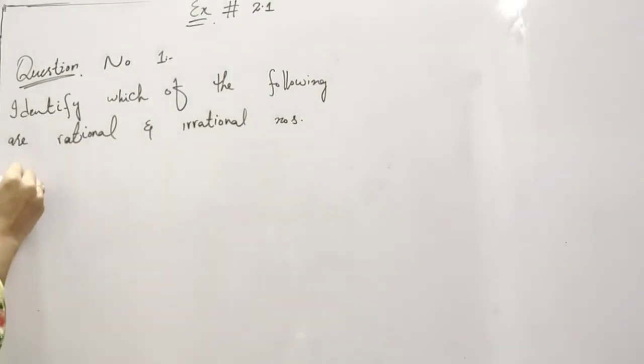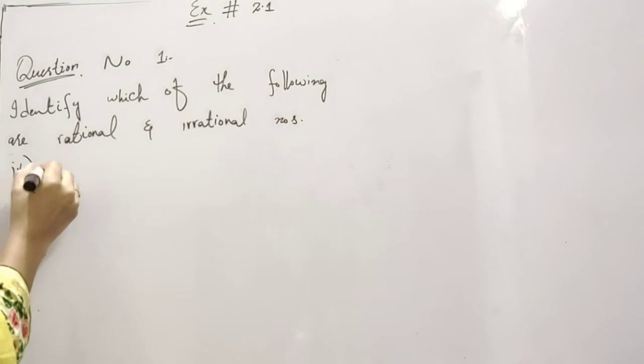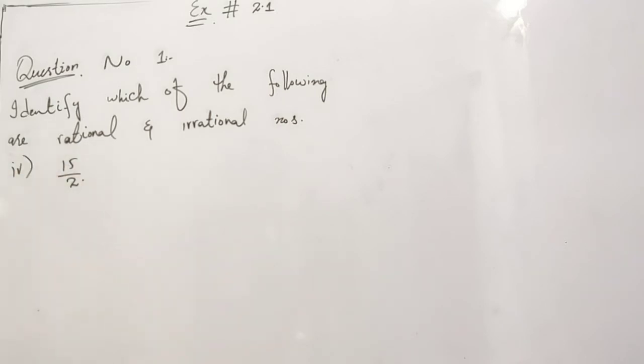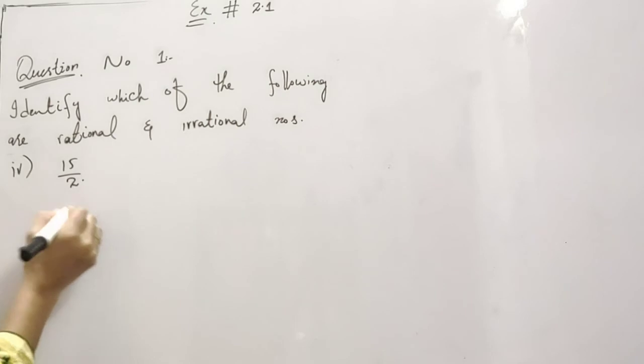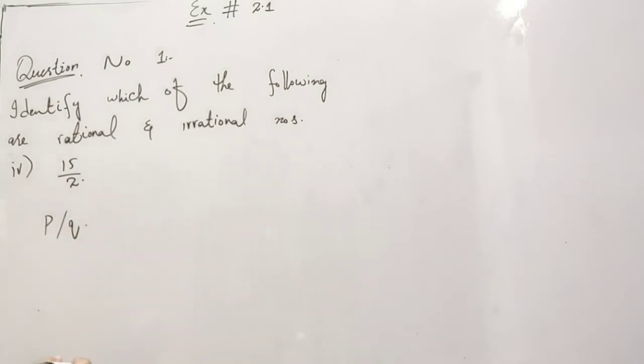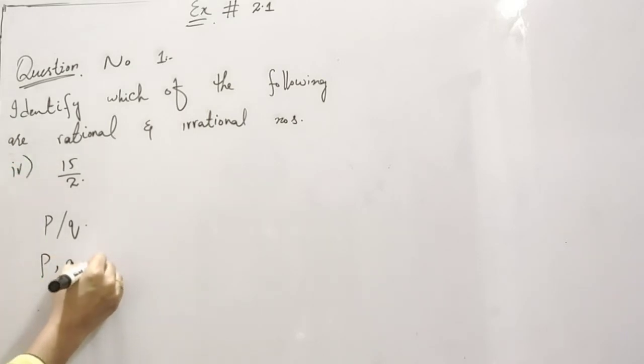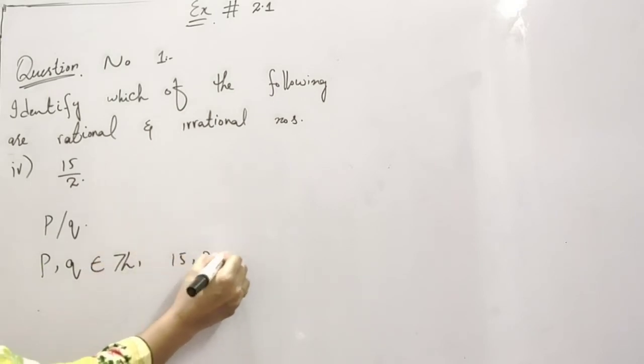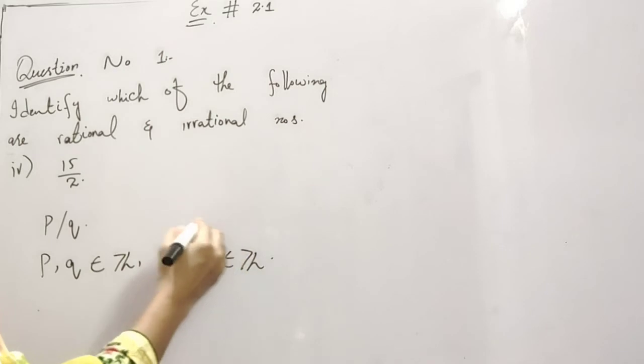The fourth part is 15 over 2. So first of all, the rational numbers are the numbers which can be written in the form of p over q, where p and q belong to the set of integers. So we can say that 15 and 2 belong to the set of integers.